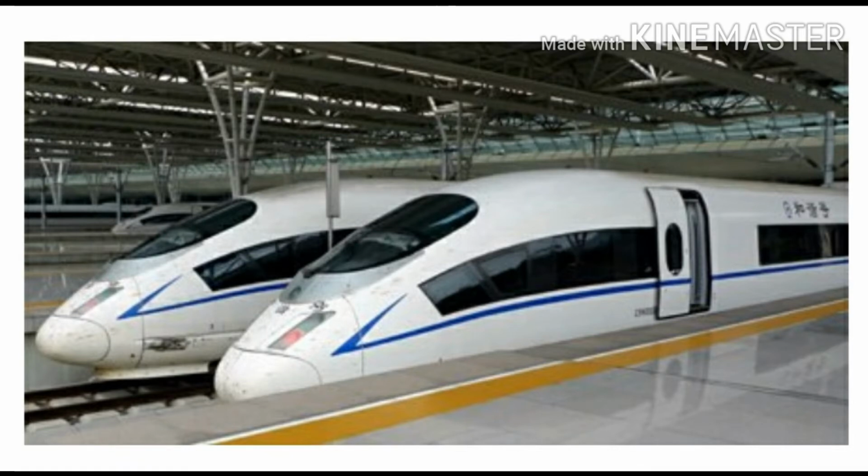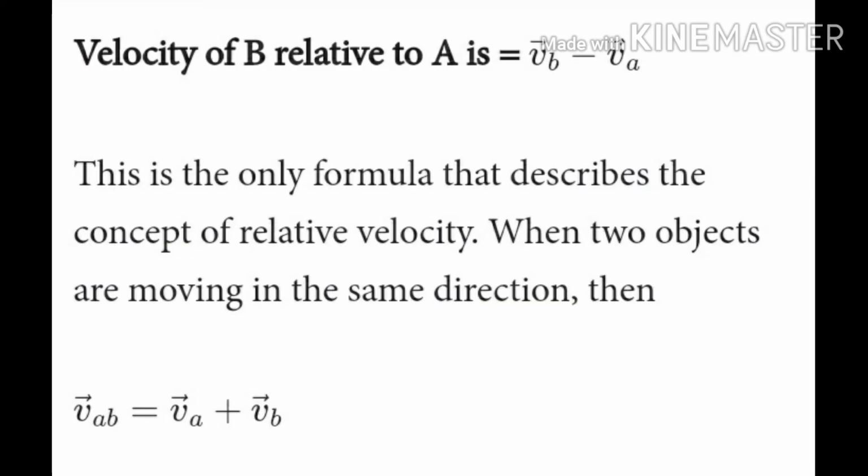So, the relative velocity is the velocity of an object or observer B in the rest frame of another object or observer A. The general formula is the velocity of B relative to A, which is V_BA = V_B minus V_A. This is the only formula that describes the concept of relative velocity.